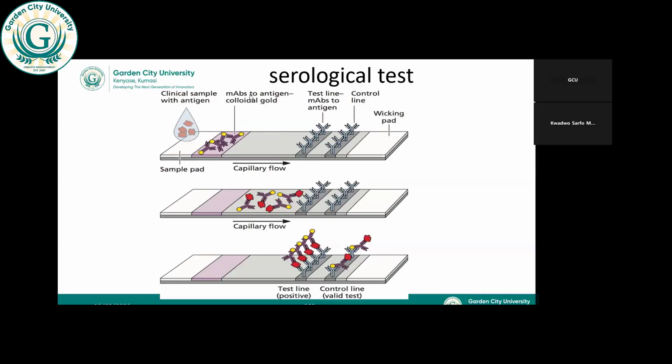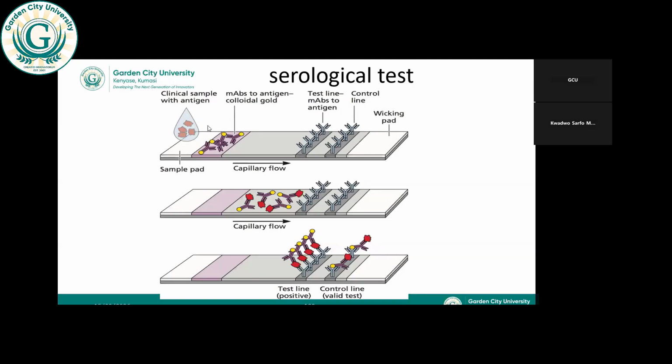So take note, this is monoclonal antibody. So this binds to this one and presents the antigen, is specific. So it presents this antigen that is bound to the monoclonal antibody to the specific anti-immunoglobulin, this one.